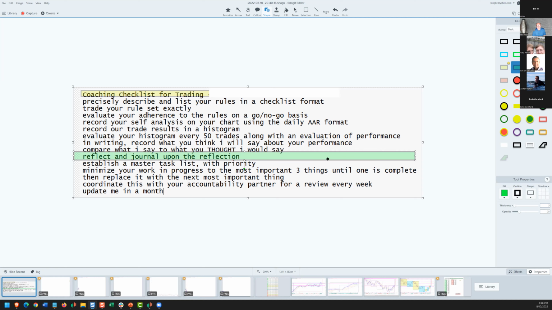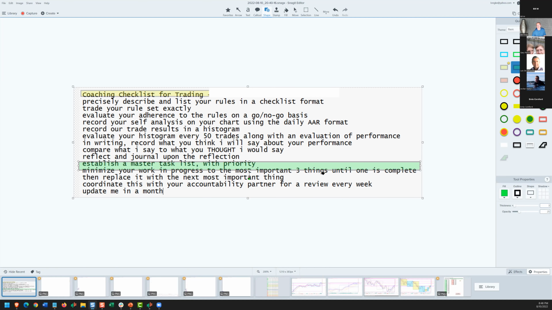Next, you want to establish a master task list with priorities for action that is the basis of your focus for effort. As you go through your daily AAR, you're making a list of things to take action on. You're constantly reevaluating your priorities and making sure that you're working on the most important things.